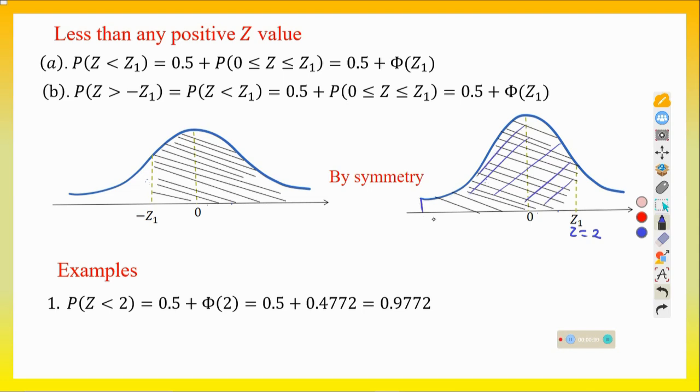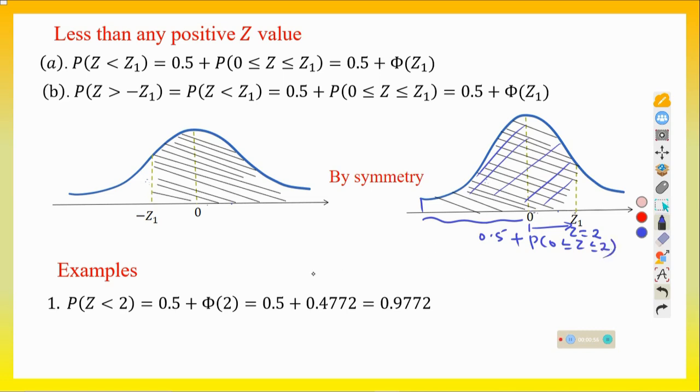But as we said, this normal curve is divided into two. This part is 0.5, this part is 0.5, starting from where 0 is. So if I need the whole of this region, I will get this part already, I know it is 0.5. Then I add there the probability of 0 less or equal to z less or equal to 2, which is from here to there.